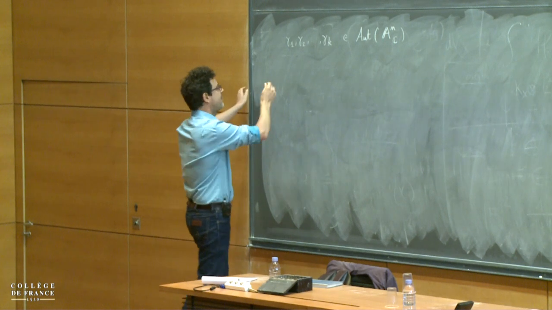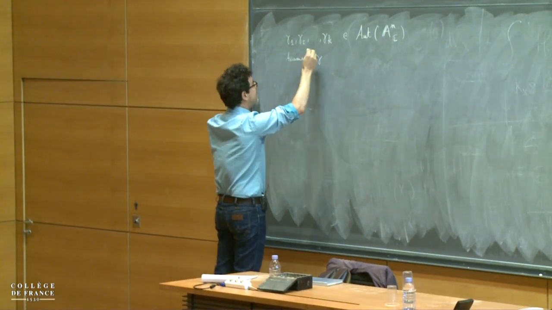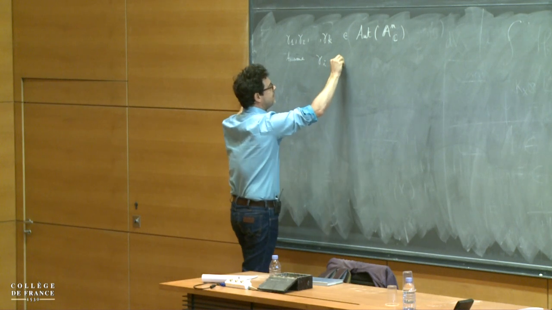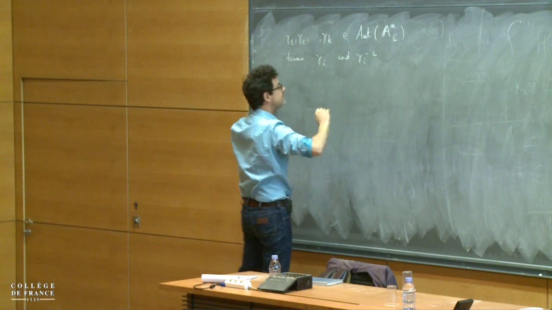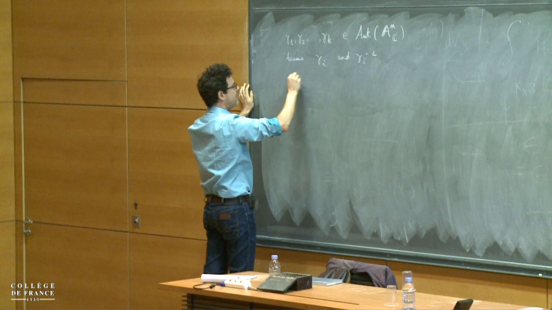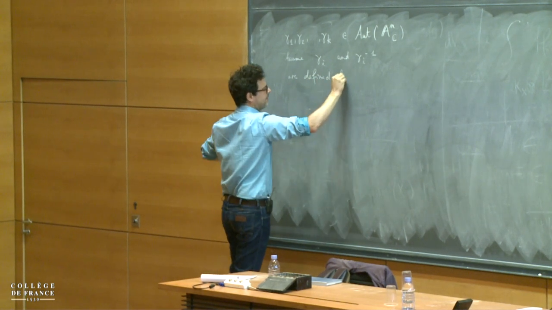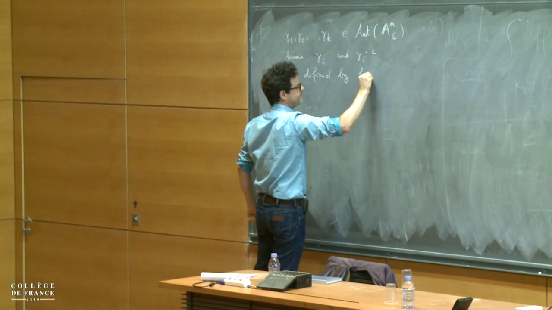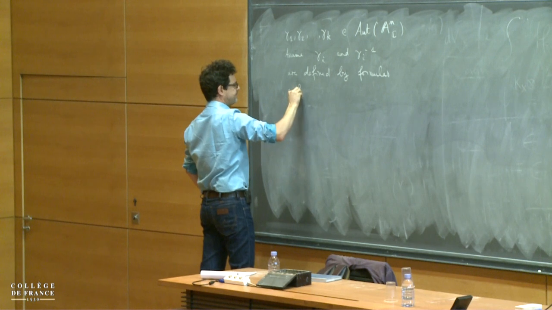And assume that each gamma i and its inverse gamma i minus 1, so the inverse transformation, all of them are defined by formulas, so polynomial formulas with integer coefficients.